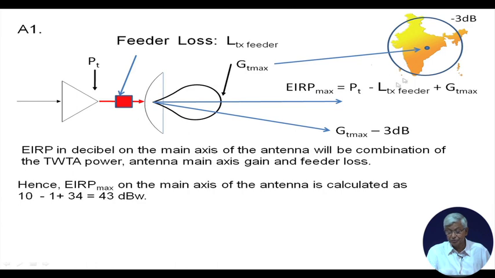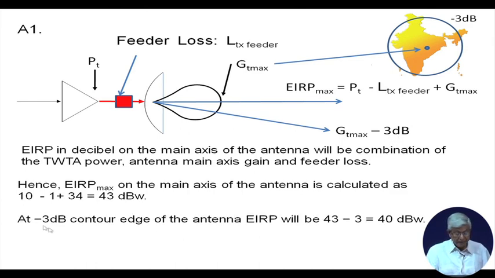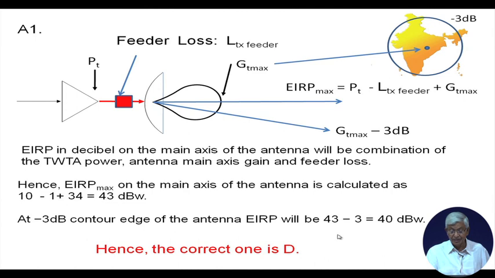So, on this contour the gain is GT max minus 3 dB, reduced by 3 dB. Therefore, at the minus 3 dB contour edge, the EIRP will be the maximum EIRP minus 3 dB. So, that is 40 dBW, and from your options you can see the correct option is the last one, which is D. Let us go to the second problem.